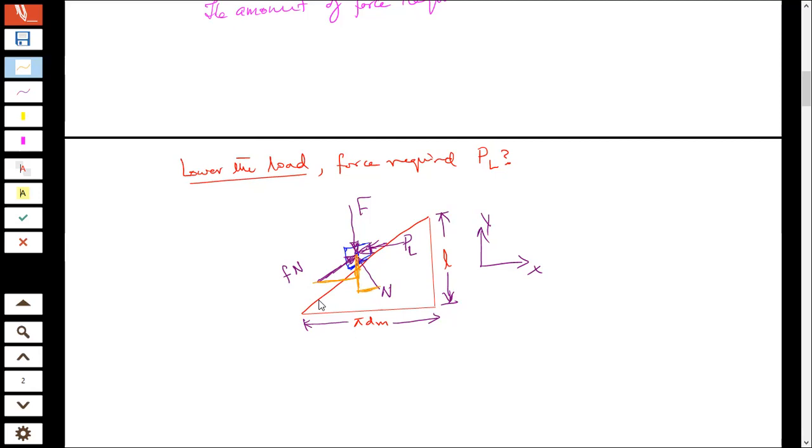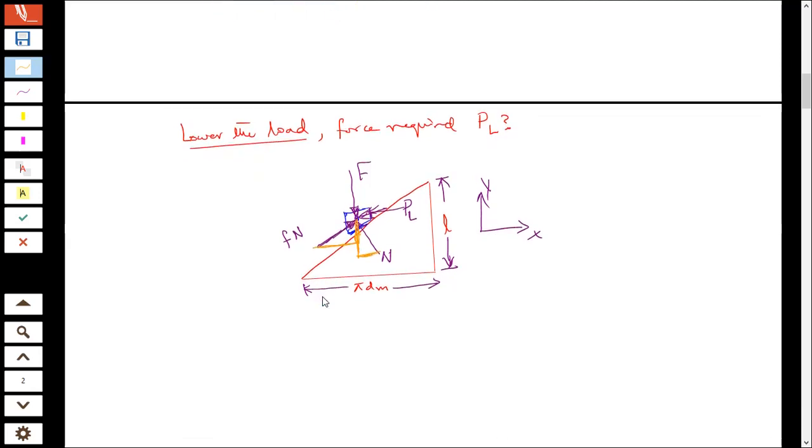Using the same procedure as in the previous case, the sum of the forces in x direction should equal 0, and the sum of the forces in y direction should equal 0.